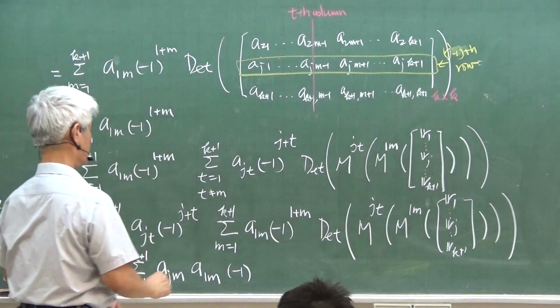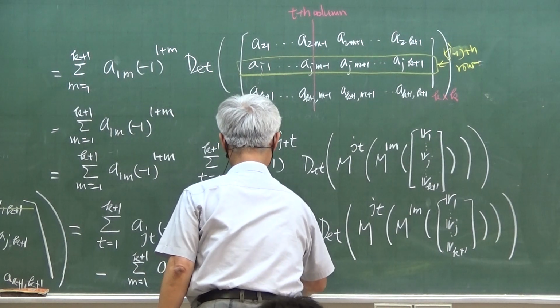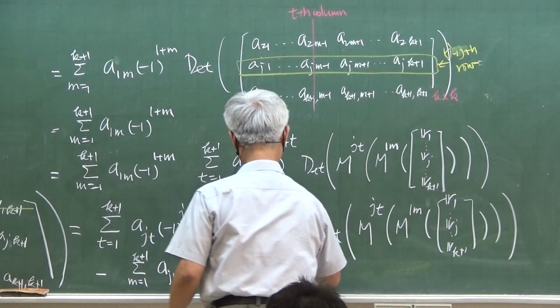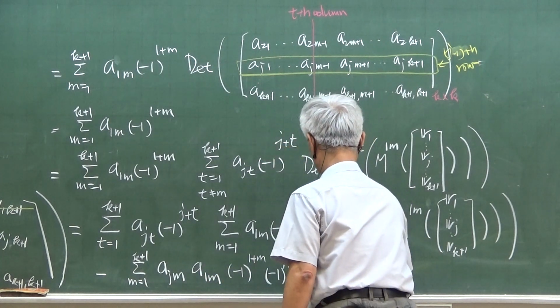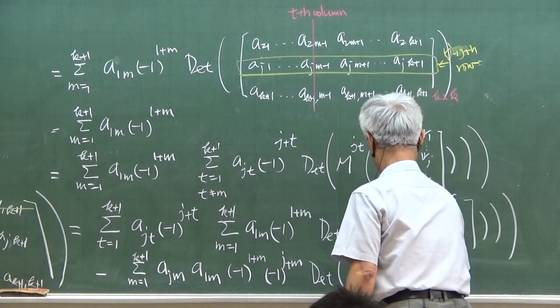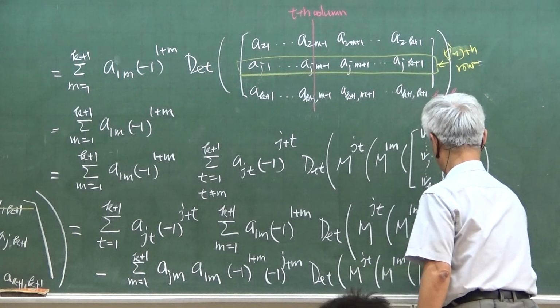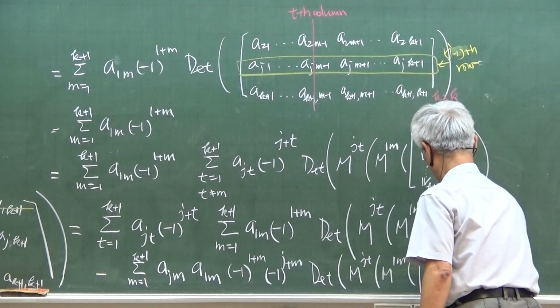So 1 plus m minus 1, j plus m, and the determinants of j, k plus 1.